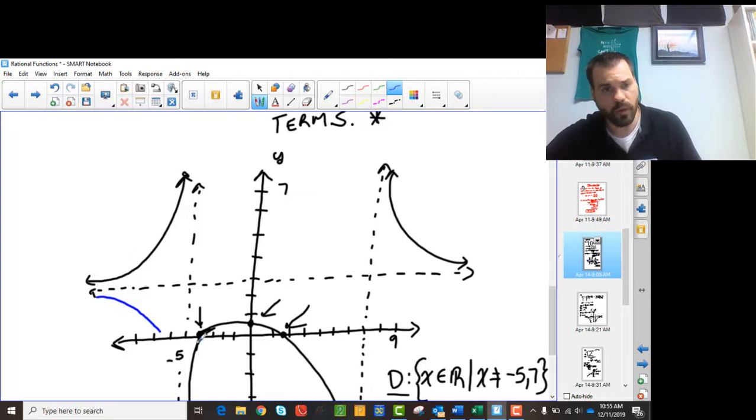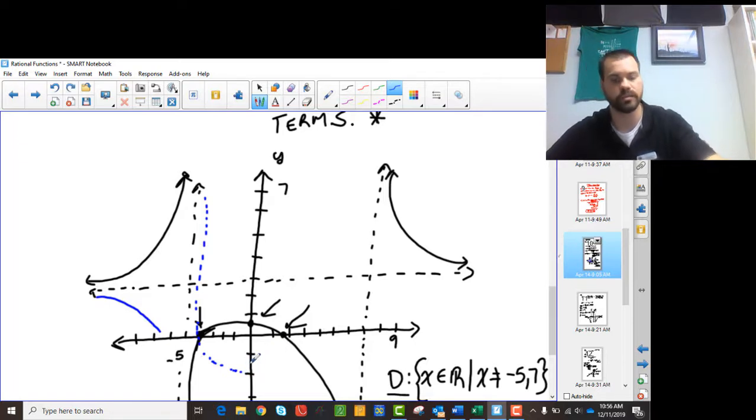Then what happens here? Well, your options are, it could go down through here, right? But if it goes down through this point, then we have a problem because we have a y-intercept that's positive. And so we can't go back up like this because that would mean the y-intercept is down here.